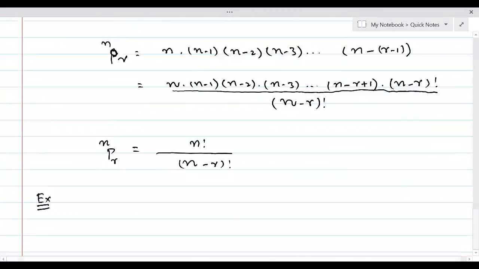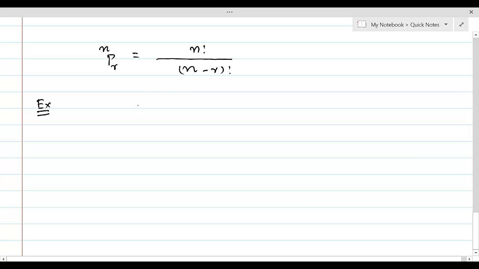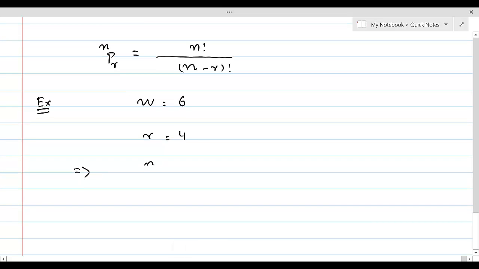So n in this case is equal to 6, and how many are being used at a time? r is equal to 4. This means that nPr, r in this case obviously is 4, but that's what we are going to write in the next step.